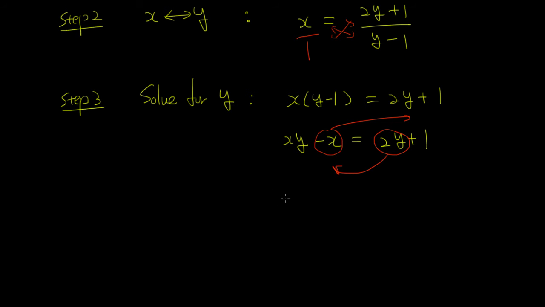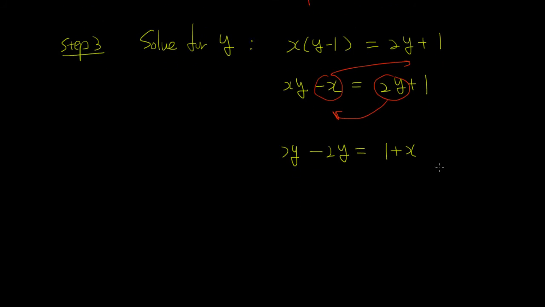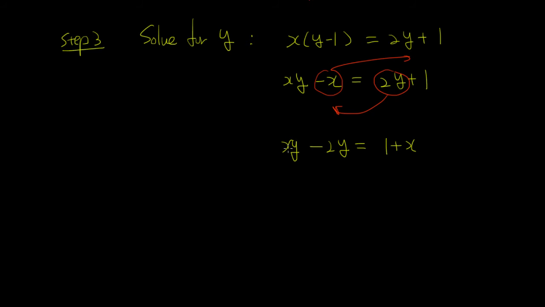So this would be xy minus 2y equals 1 plus x, or x plus 1, same thing, right? Now I'm going to factor out the y, then it will be x minus 2 equals, I'm going to rewrite this as x plus 1, right?